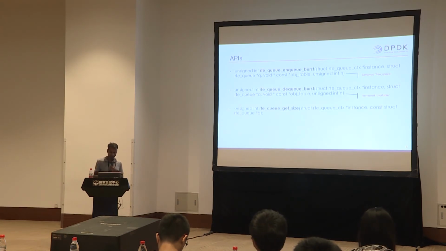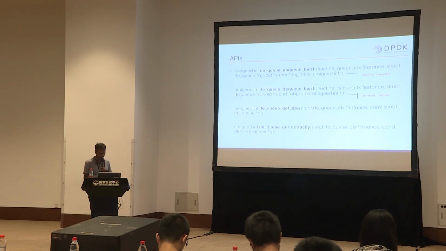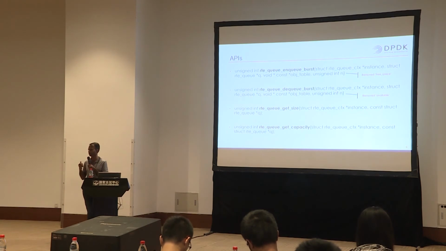Then I have got the RTE queue get size. This will return the size of the object store, or the memory that's occupied by that ring. And then I have the get capacity, which will give you the usable size of the queue.